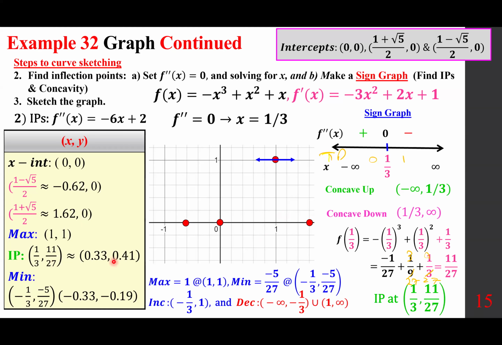IP, we're going to go with the decimal representation for the sake of a graph, 0.3, 0.41, somewhere there. And minimum, again, we're going to go with the decimal representation, minus 0.3, let's say minus 0.2, somewhere there.